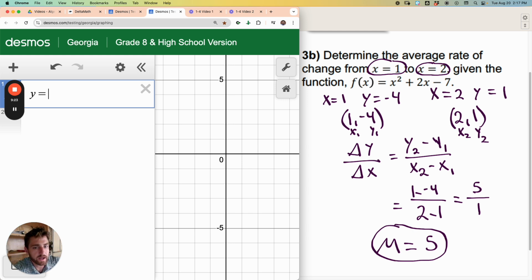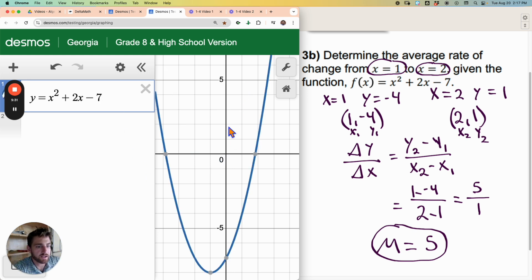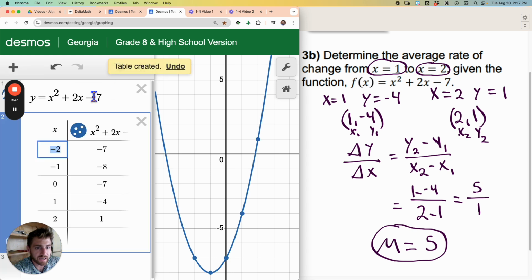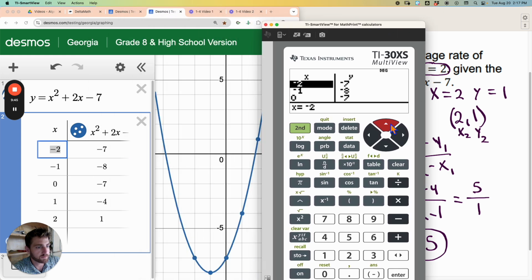So you can plug in y equals x squared plus 2x minus 7, and it's going to plot our graph. But if you click this little gear icon and then click the table, it will give you table values.